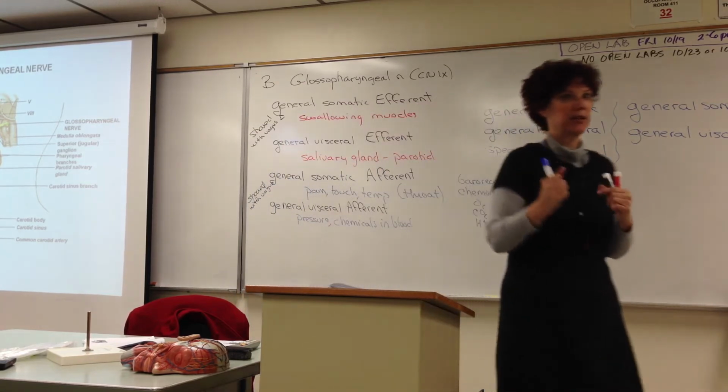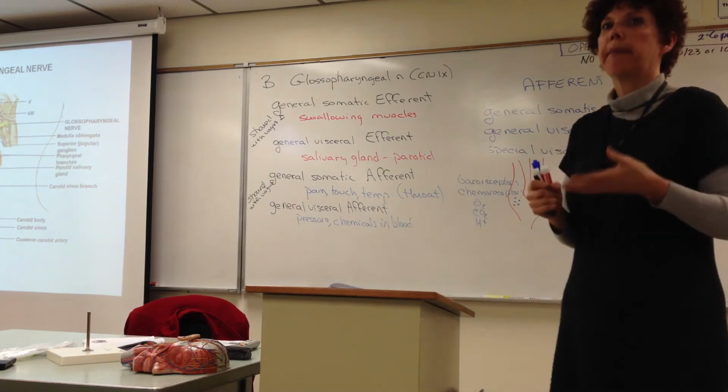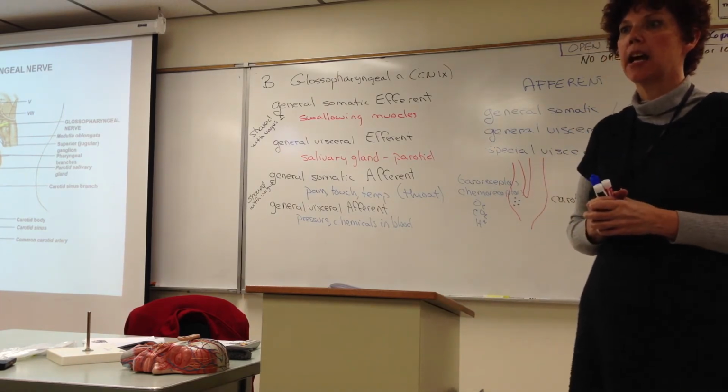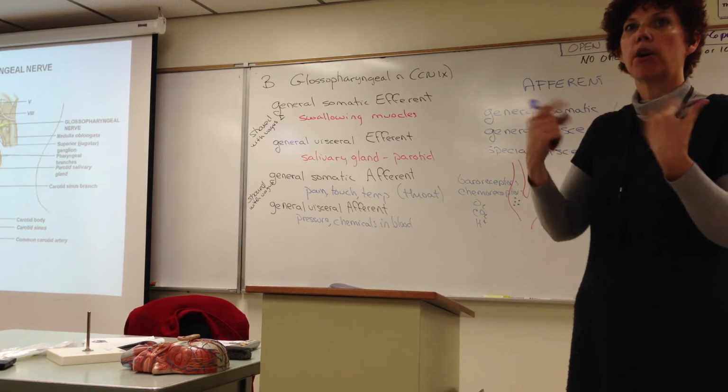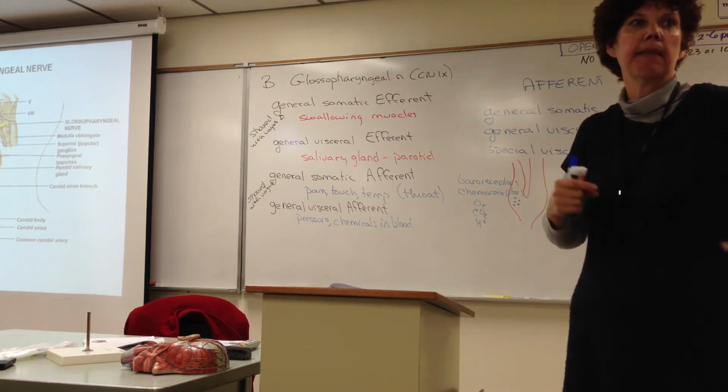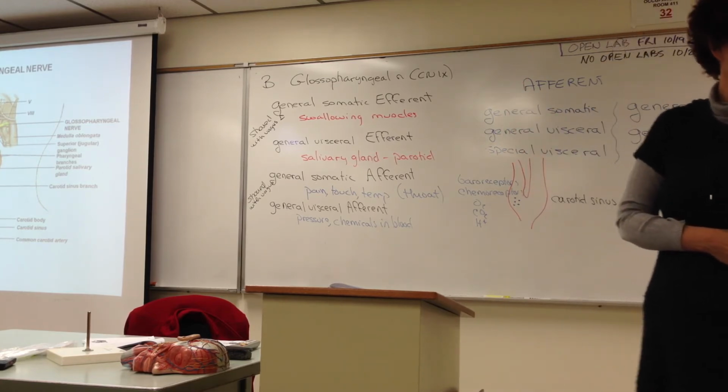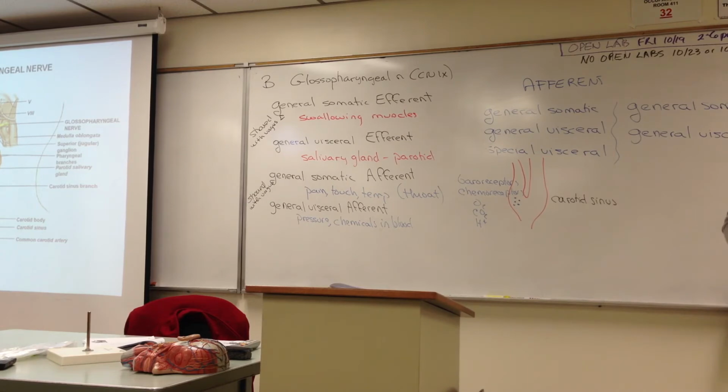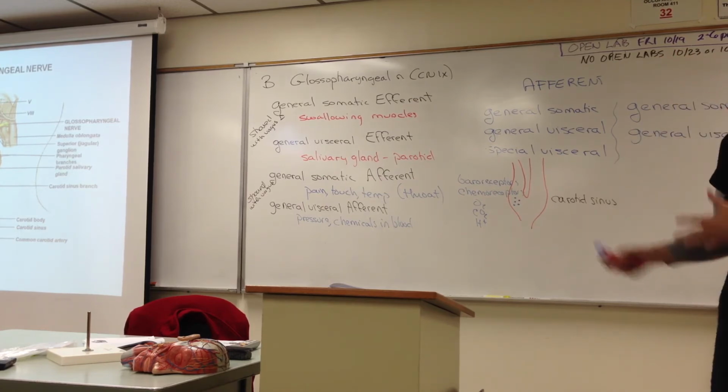Now, to illustrate, what happens if I need more oxygen in my blood? Let's say that I'm hiking at 8,200 feet. What's going to happen to my heart rate? It's going to go faster because it needs to move the smaller amount of oxygen in my body faster so it can get back to the lungs and pick up more oxygen more quickly, because there's not as much oxygen in the blood.